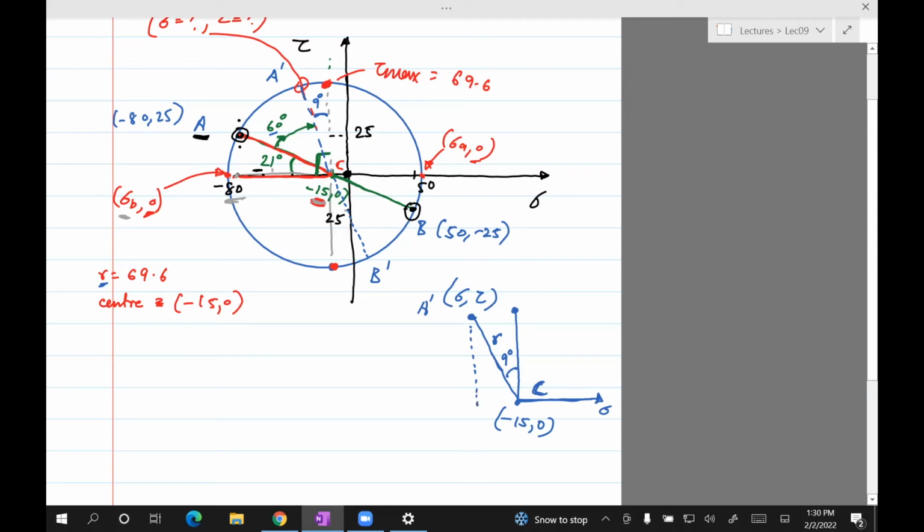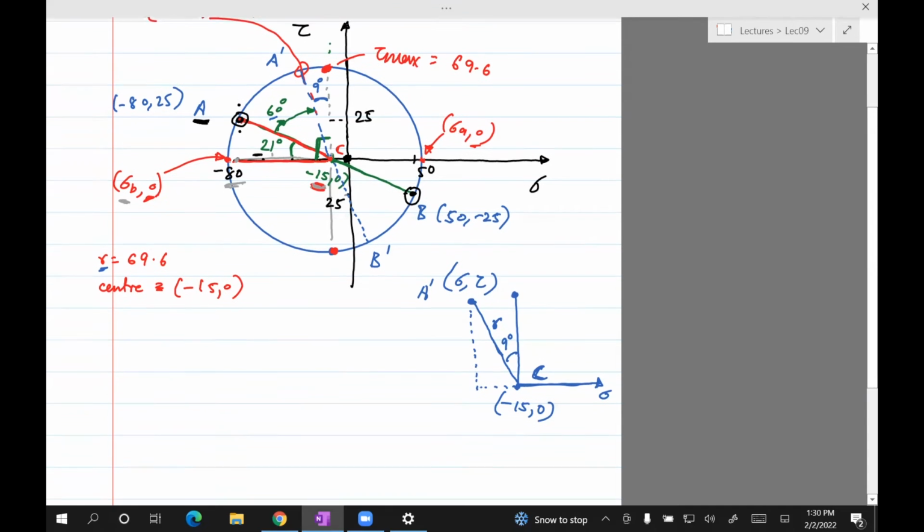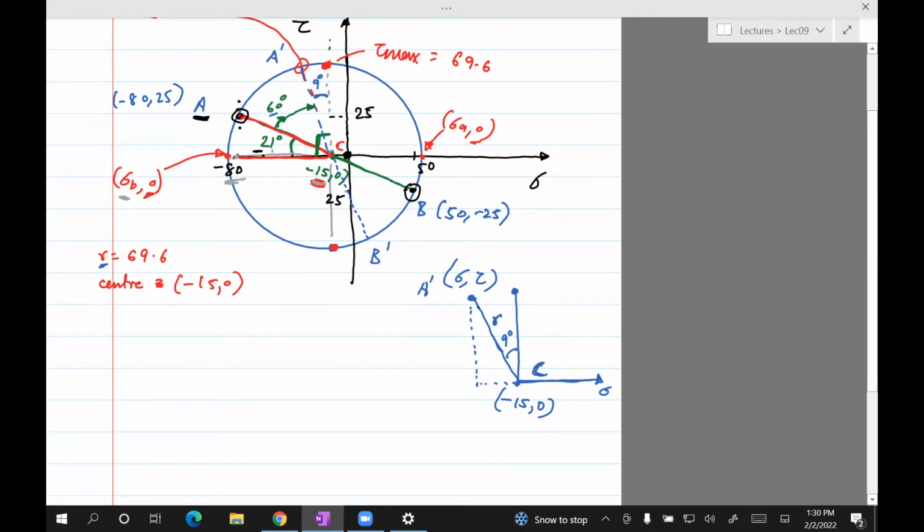Well, I'm just going to use the fact that sigma is the distance from here all the way to this point. So it's going to be minus 15 minus r sine of 9 degrees. If you can see, imagine this is r sine 9 degrees.